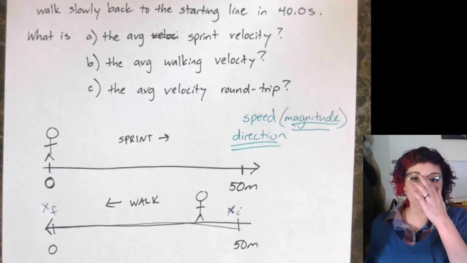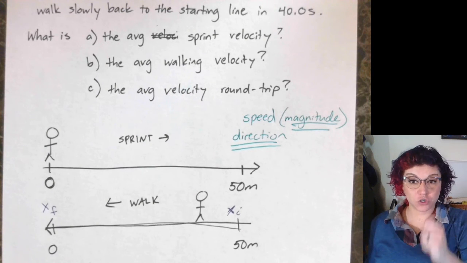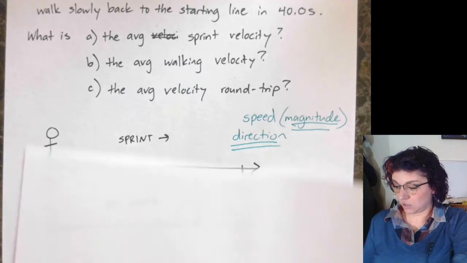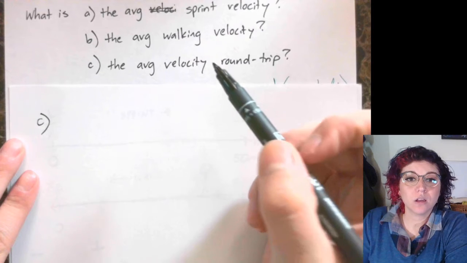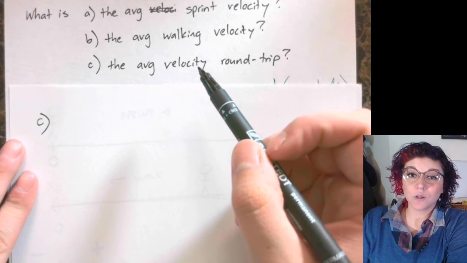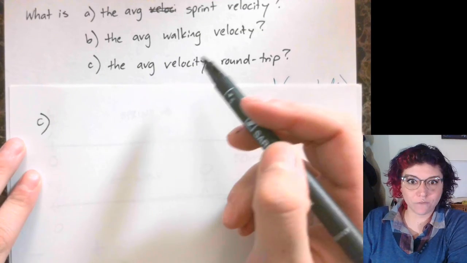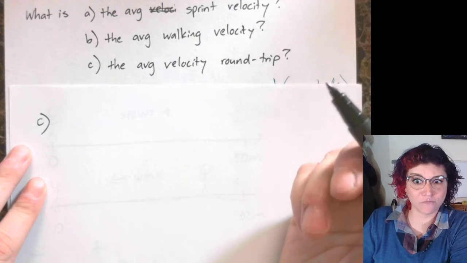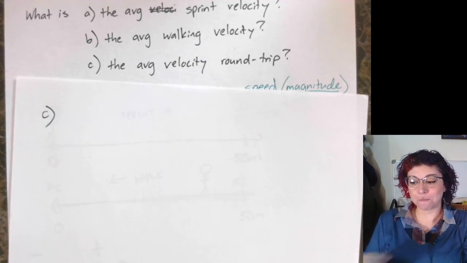Part C, the average velocity round trip. On first thought, you might think, okay, average velocity, let's find the average of the sprinting and then the walking.